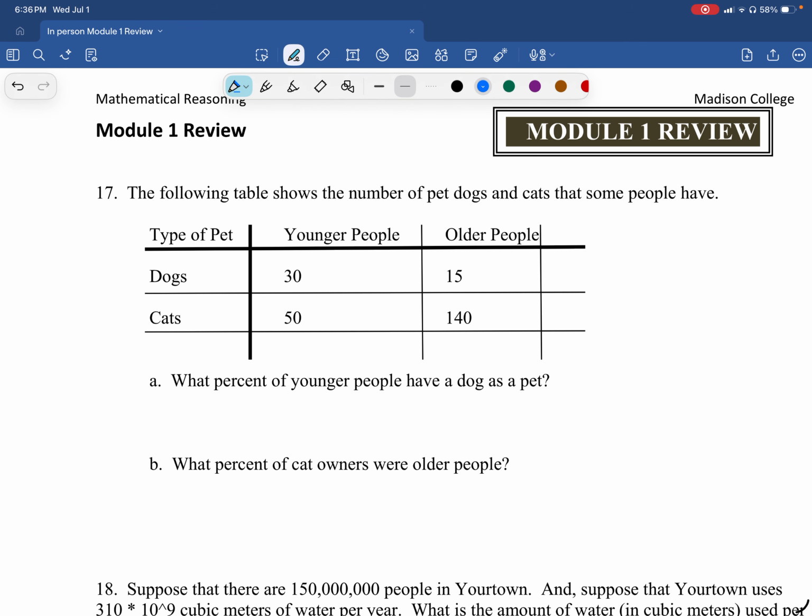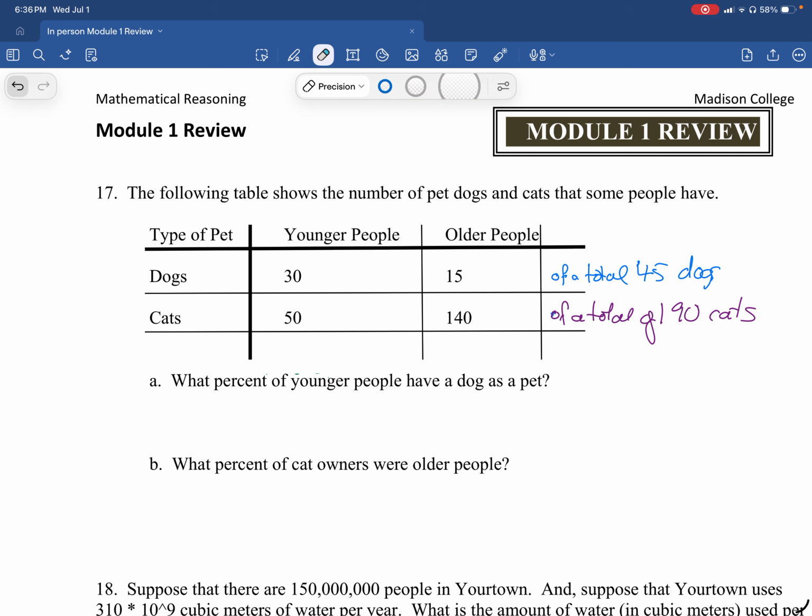So we have a total of 45 dogs, a total of 190 cats, 80 young people, let me rewrite that, that was my dyslexia coming in there, 80.